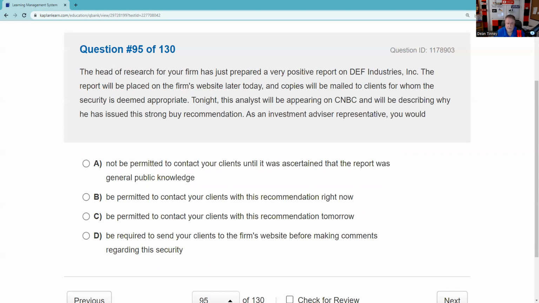The head of research of your firm has just prepared a positive report on DEF Industries. The report will be placed on the firm's website later today, and copies will be emailed to the customers for whom it's deemed appropriate.